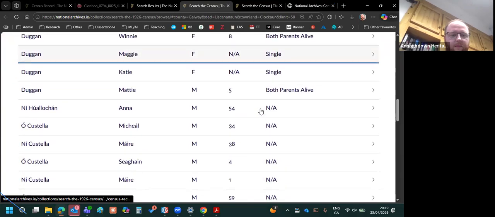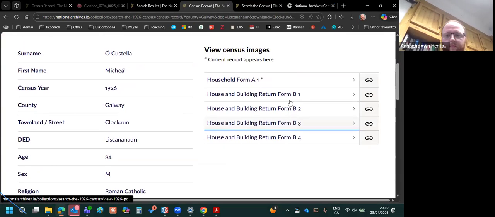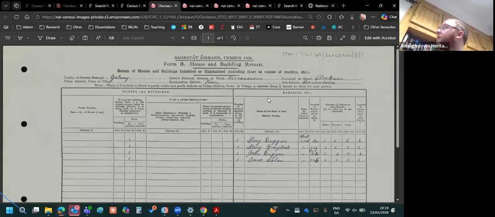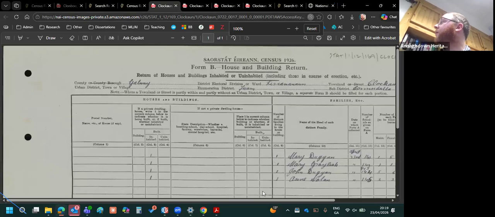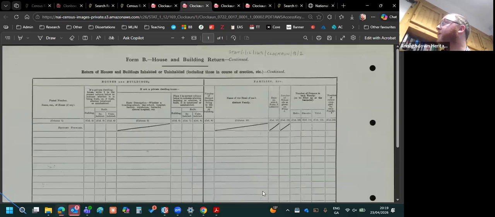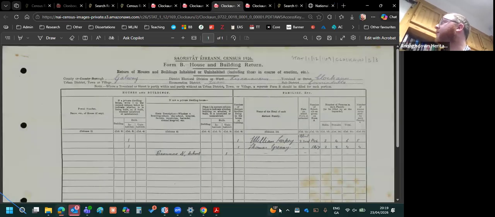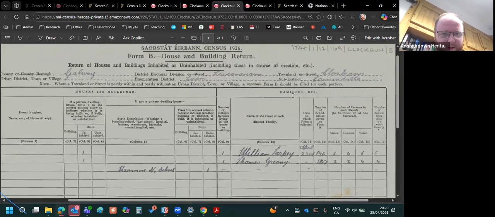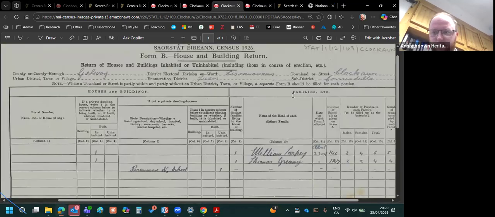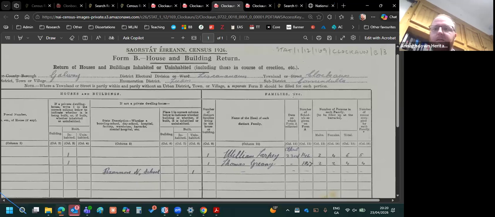The Form B. There are 4 Form Bs. If you go into the Form B1, there are 4 houses listed there. Does it list the parish here? No. In the 1911 census, it lists the parish.